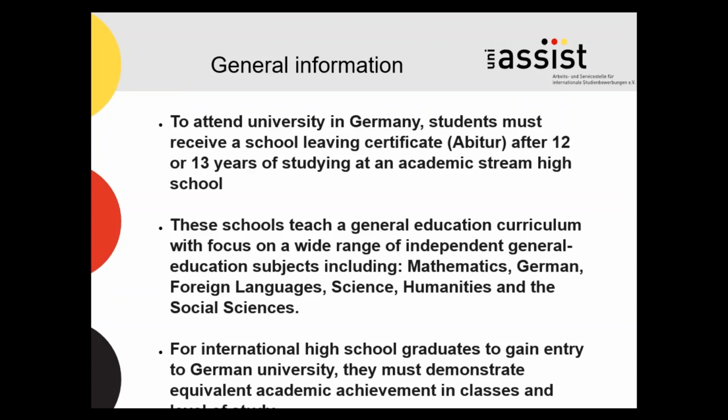I wanted to tell you something about the education system in Germany. In Germany, generally, to attend university, a student must receive a school leaving certificate, the so-called Abitur, from an academic streaming high school. They go to high school for 12 or 13 years, and then with the school leaving certificate they can apply for study in Germany.